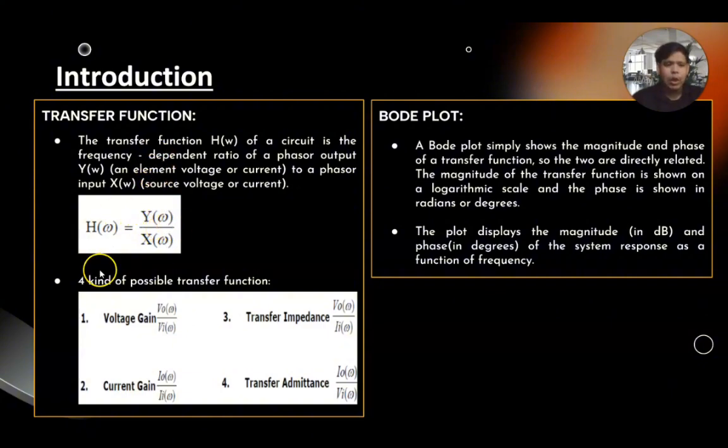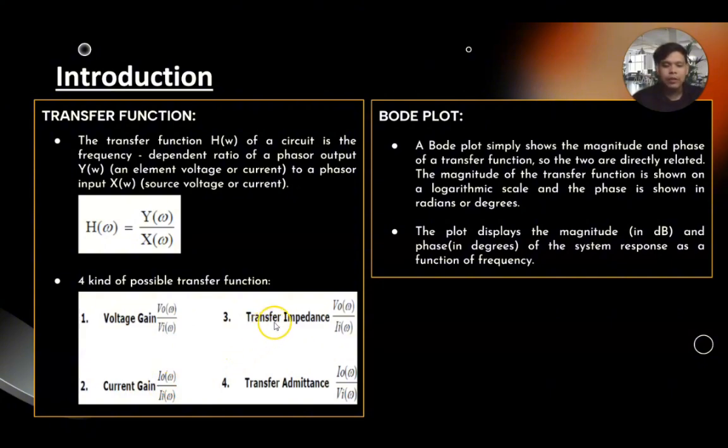In the transfer function, we have four kinds of possible transfer function: voltage gain, current gain, transfer impedance, and transfer admittance. For the voltage gain, the formula is voltage output omega divided by voltage input omega. For the current gain, it is current output omega divided by current input omega.